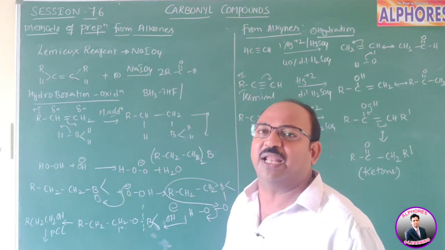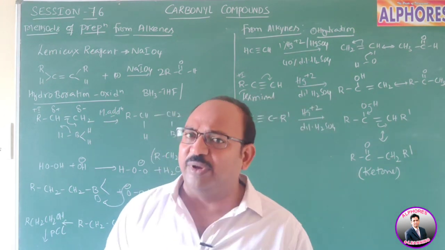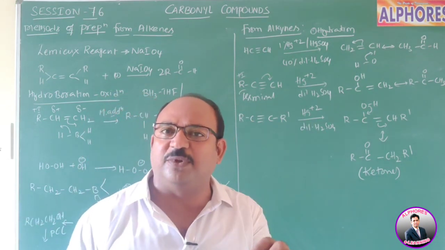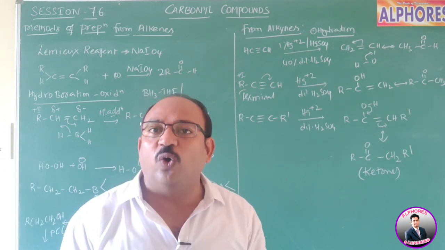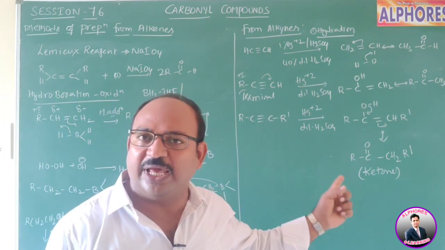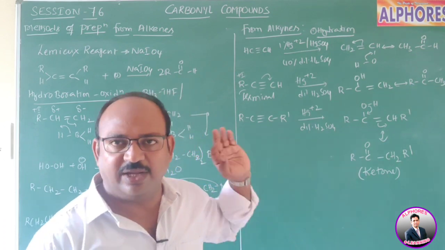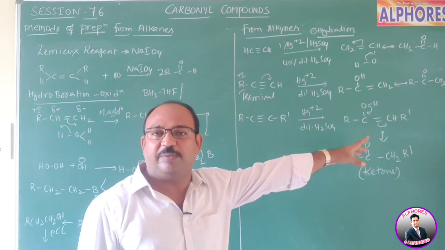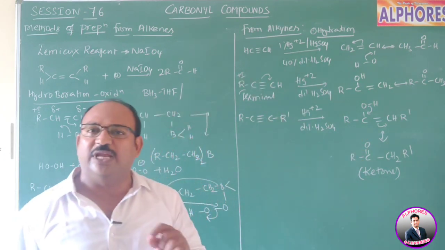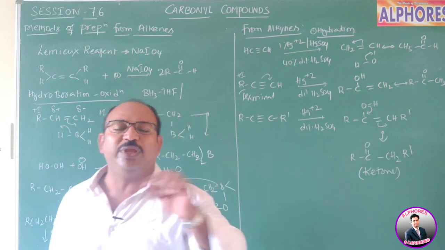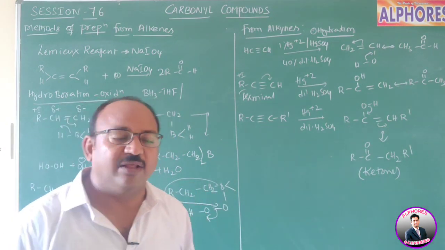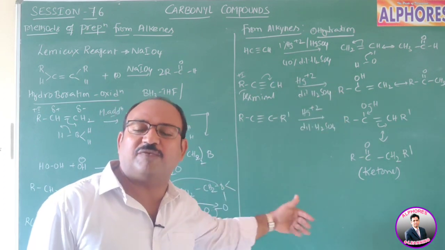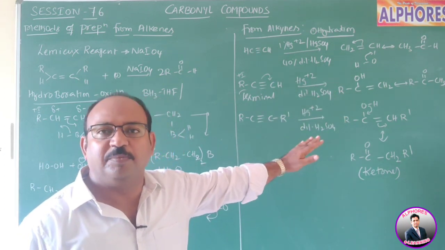Whether you use a terminal or internal alkyne, ultimately you get only ketones as product. That means except acetaldehyde, no other aldehyde can be prepared in this method. Only acetaldehyde. And we can prepare ketones from 3 carbon atoms onwards, with any number of carbons.